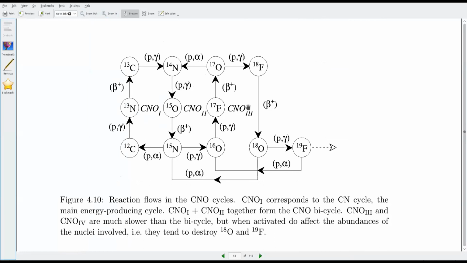For PP2 and 3, you're just supposed to remember that you need helium to start, and there is the production of beryllium, lithium, and boron that is just destroyed afterwards.